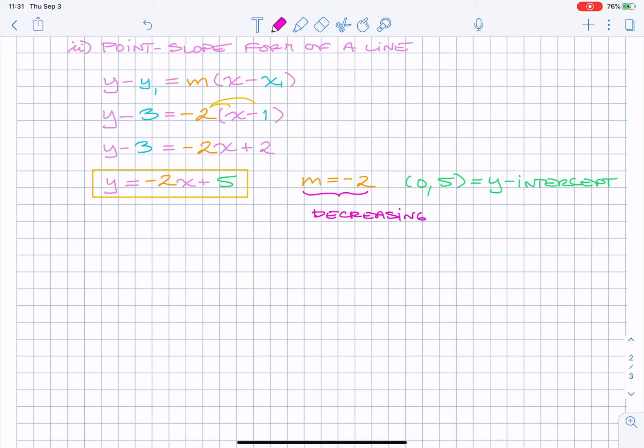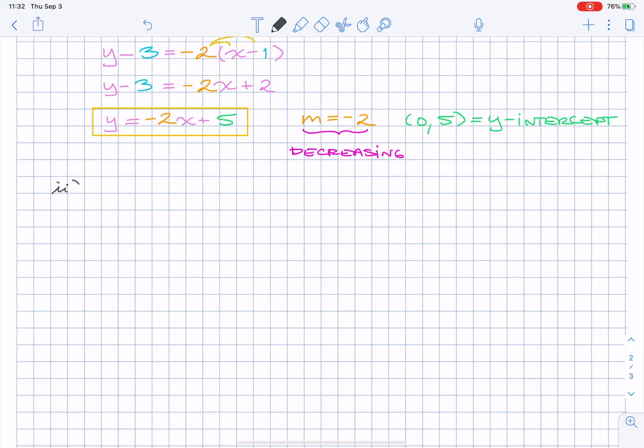Okay, so subscript number 2, let's say points P at -1, -5, and Q at 3, -1 are on the graph.